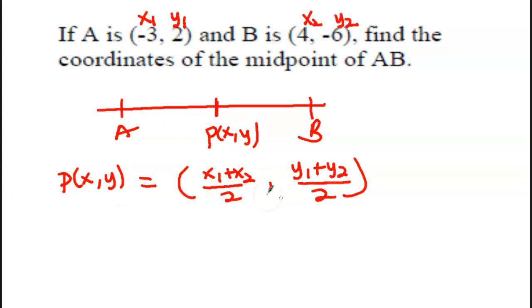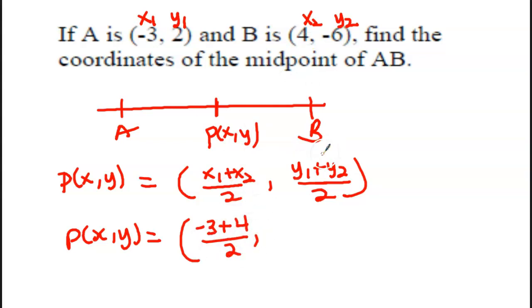So putting them in the formula, the midpoint (X, Y) becomes X1, which is -3, plus X2, which is 4, over 2. And then Y1 is 2 plus Y2, which is -6, over 2.